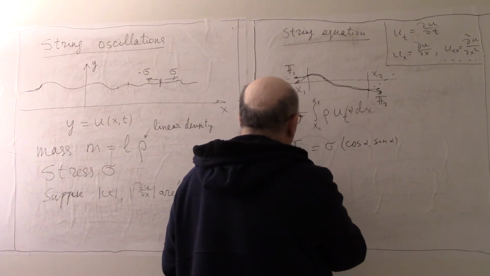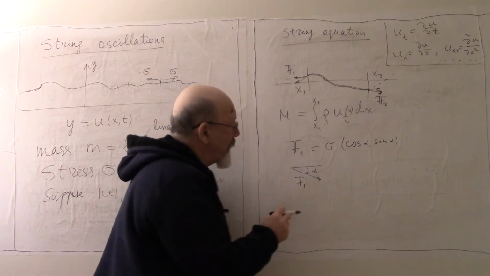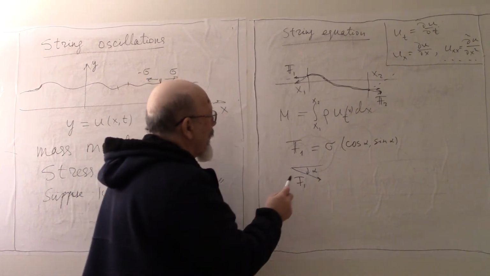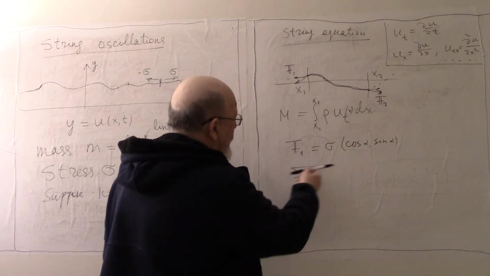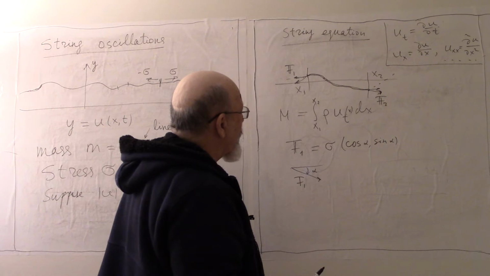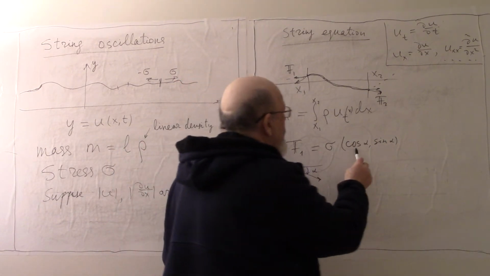Alpha is this angle which the force F1 or correspondingly F2 forms with the horizontal direction of the x-axis. So it is F1.